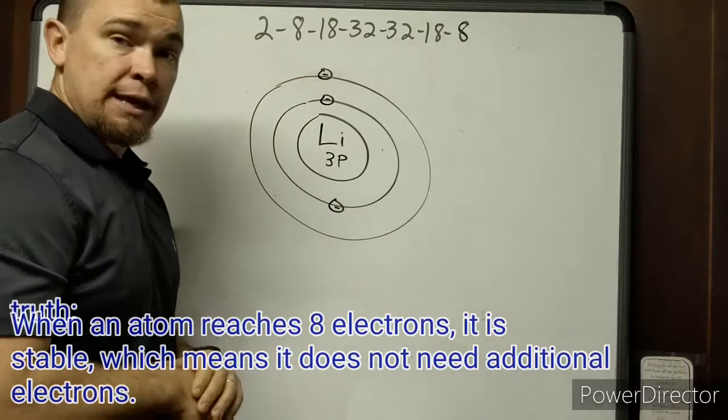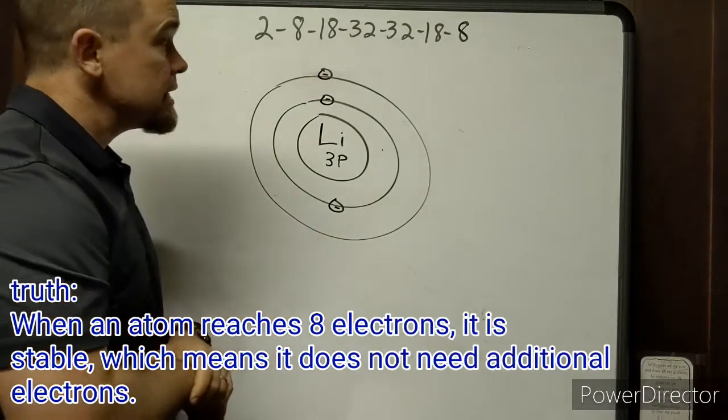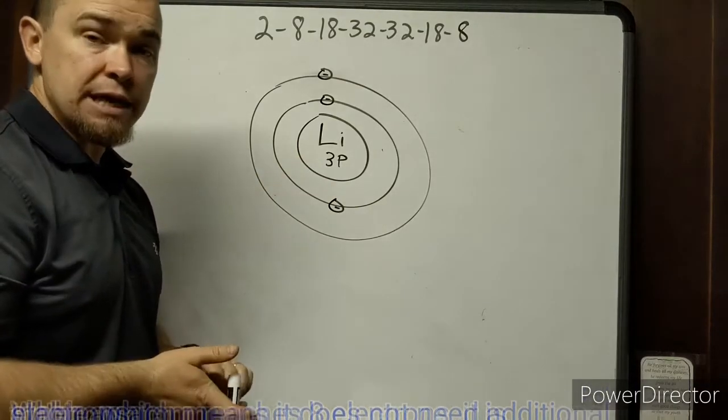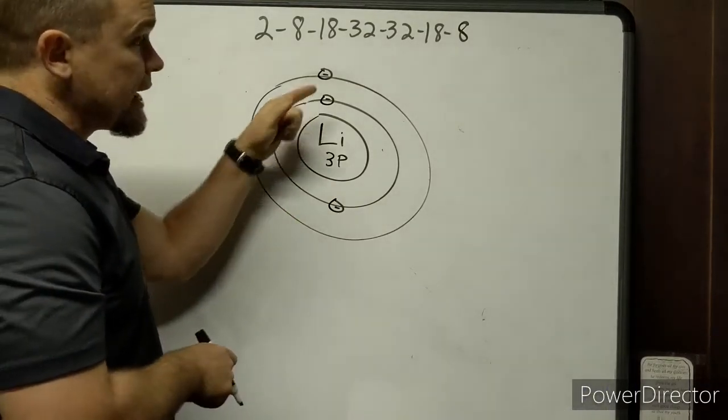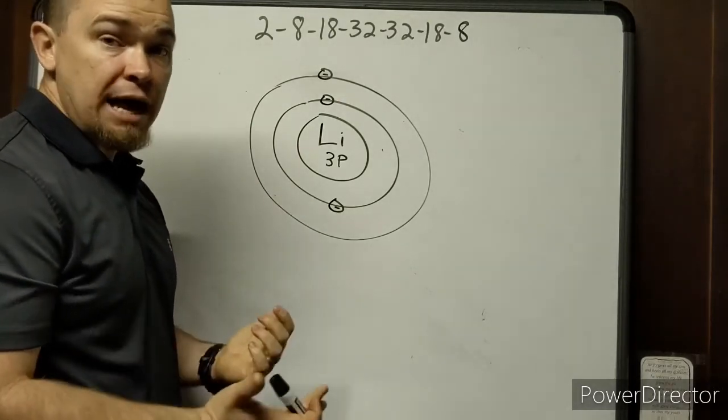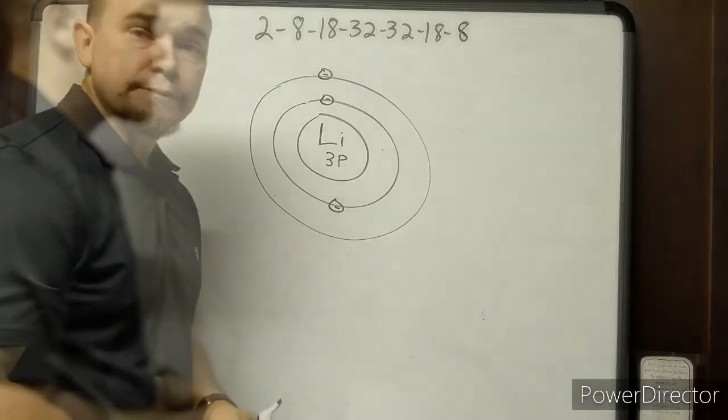Lithium has 2 rings because it's on period number 2 of the table. So in this ring I have my 1 valence electron. If I were to draw this in Lewis dot form, this is what it would look like.